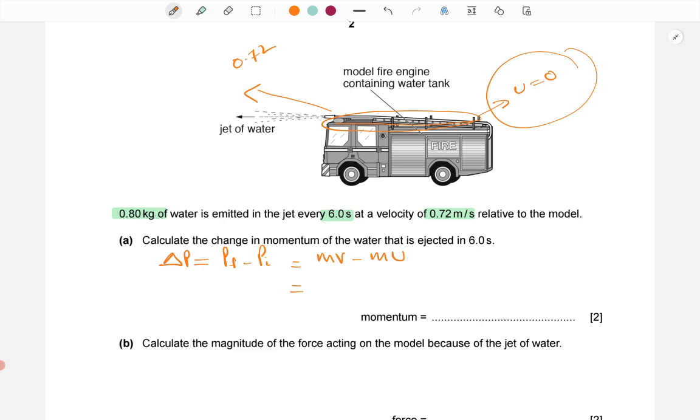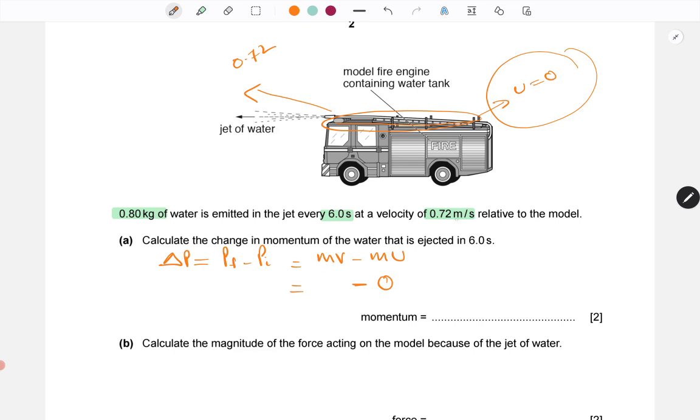Why? Because the velocity was zero inside this pipe, or water tank. I'm not talking about specific particles or molecules, but still the water was at rest. But once the water comes out from this pipe, the velocity of the water is 0.72. So my point is that initial velocity is zero, that's why initial momentum of water is also zero.